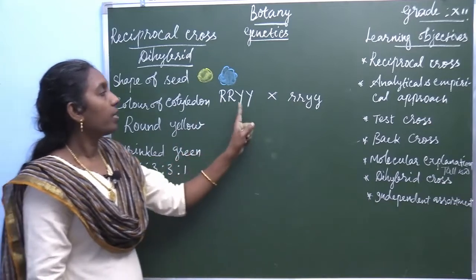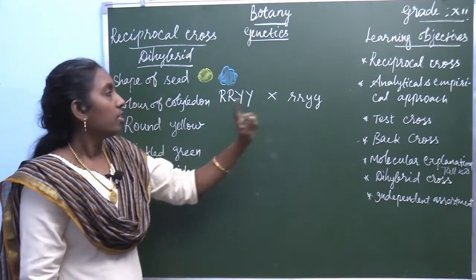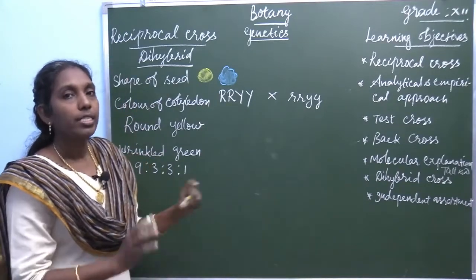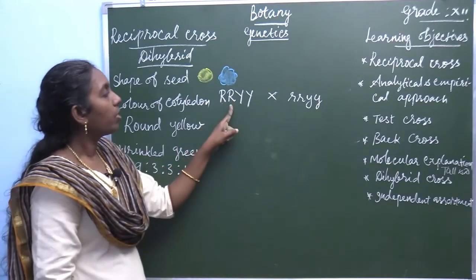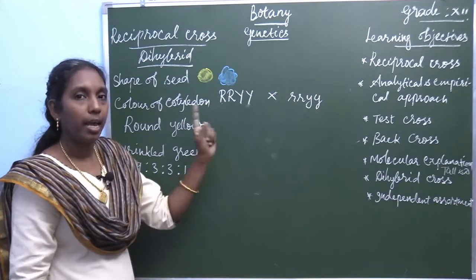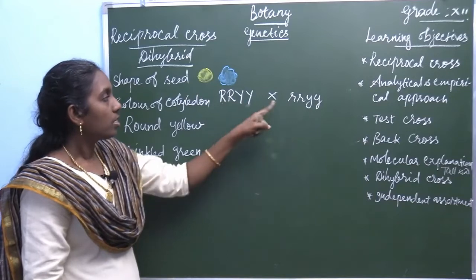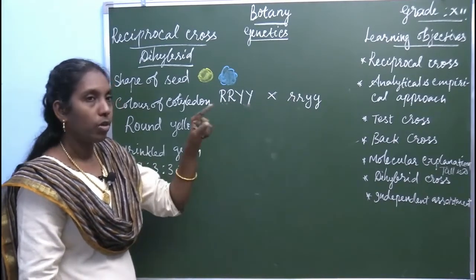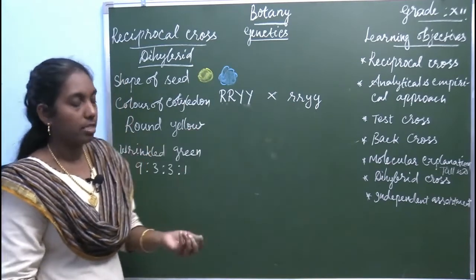Or else, if you confuse the capital Y with the small y when writing it in the checkerboard, you will go wrong. So write it clearly. Capital R represents round and capital Y represents yellow cotyledon. This is round, this is wrinkled. This capital Y represents yellow, the dominant character, and this is the recessive character.